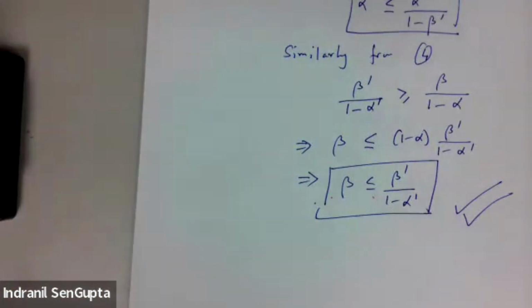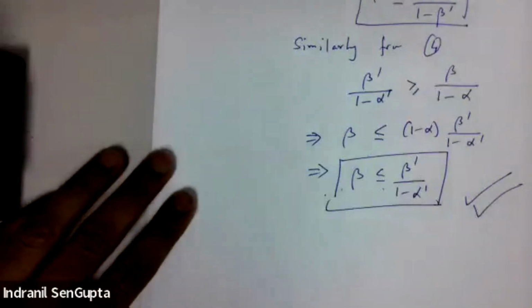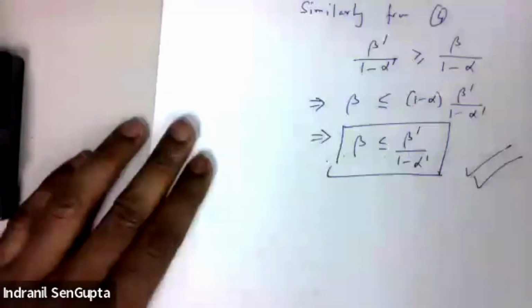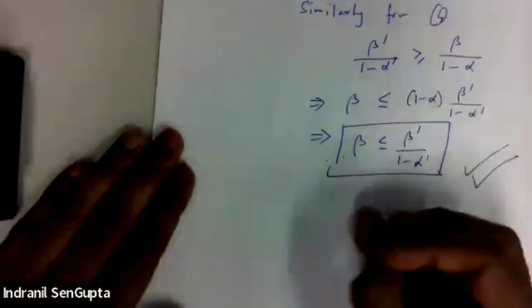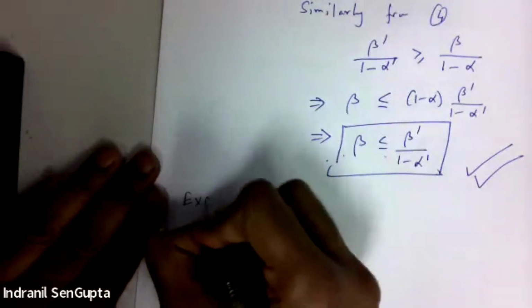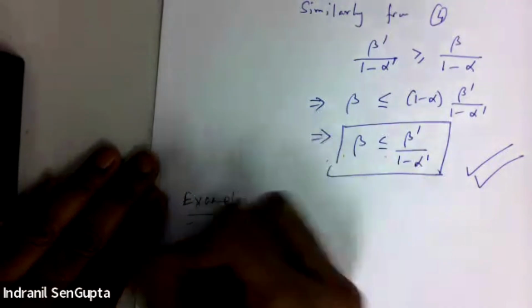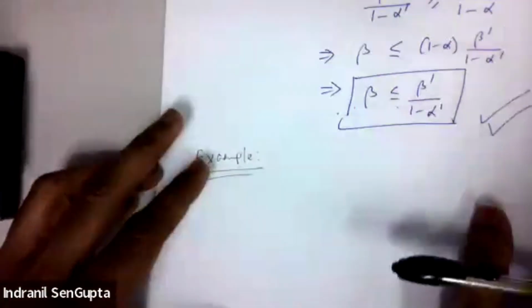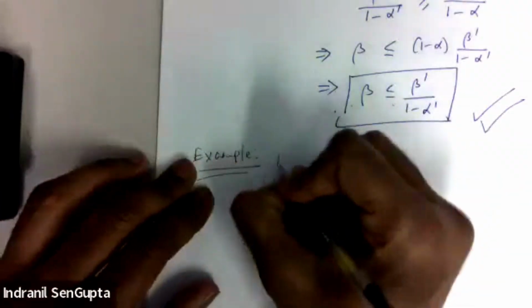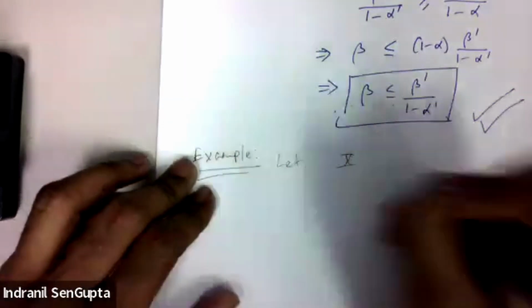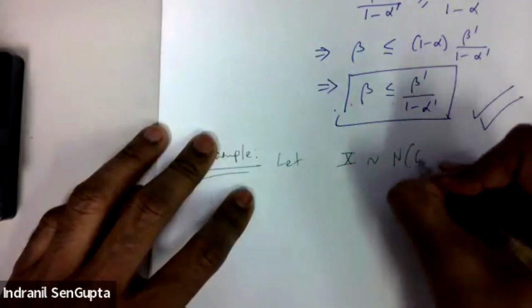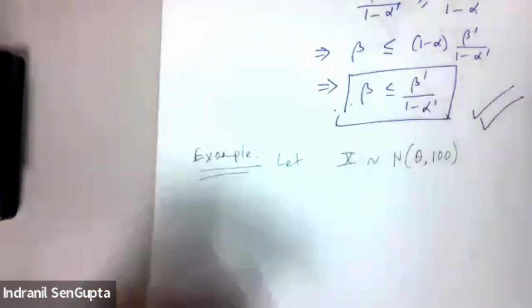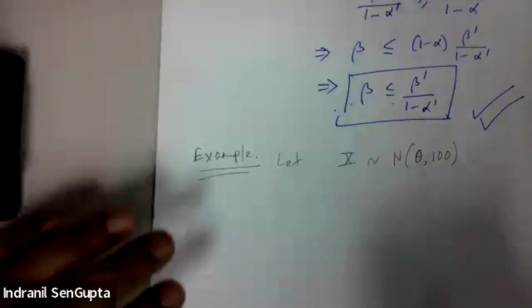So now let's jump into an example. The rest we can just study some examples. Okay. So let X follow a normal distribution with mean theta and variance 100, where theta is unknown.